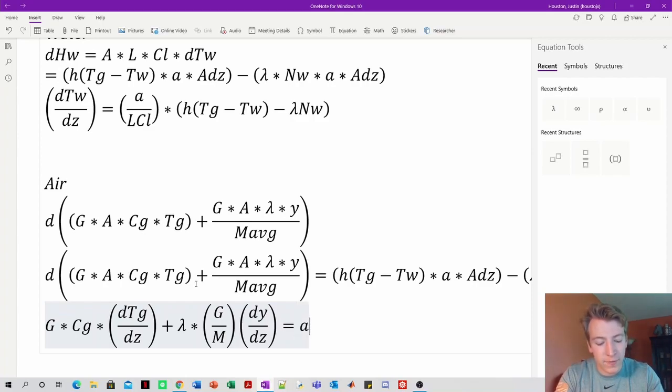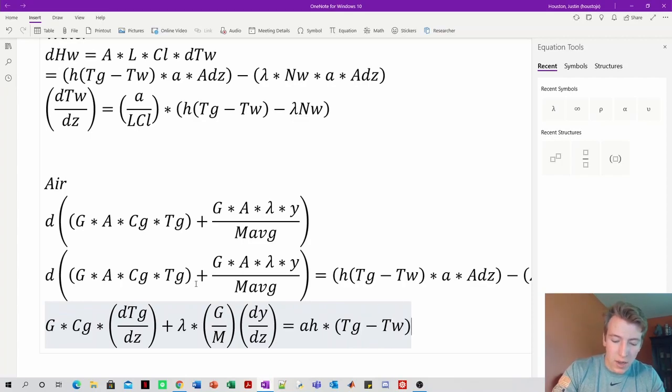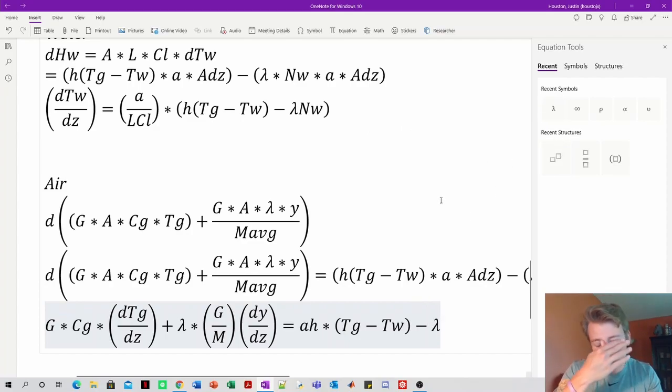So we have that specific area times the heat transfer coefficient, and that's going to be times the temperature difference, which is the gas and the water temperature, minus the enthalpy of vaporization again.